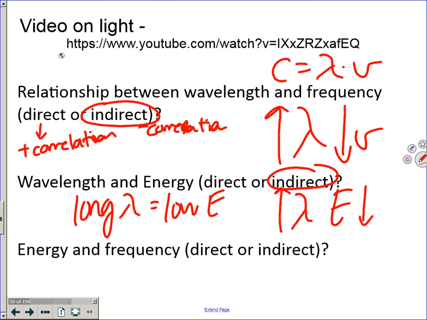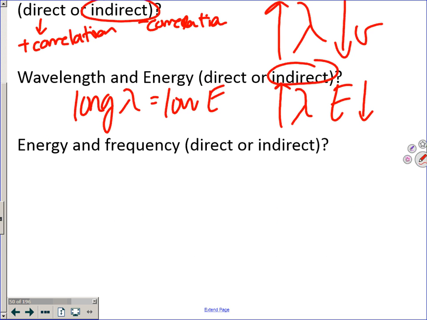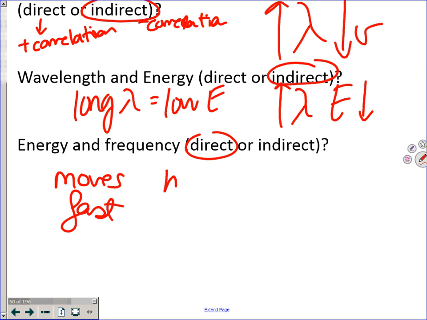Frequency and energy. What do you guys say back there, Grant? This one is direct. So if it moves fast, what would you consider its energy to be? High or low? High energy. So as it moves fast, what do I mean by that?